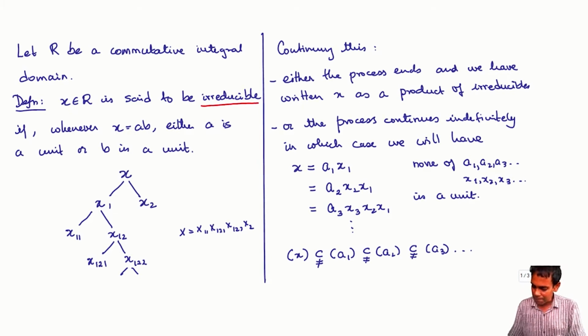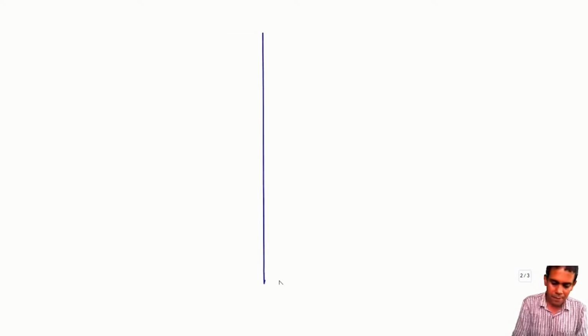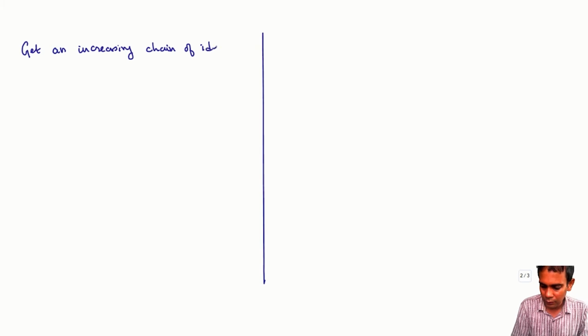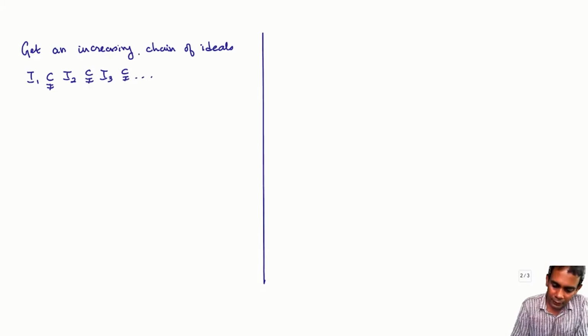What we get is an increasing chain of ideals: I1 contained in I2, contained in I3, contained in I4, and so on. It's an infinite chain, and it's a strictly increasing infinite chain.